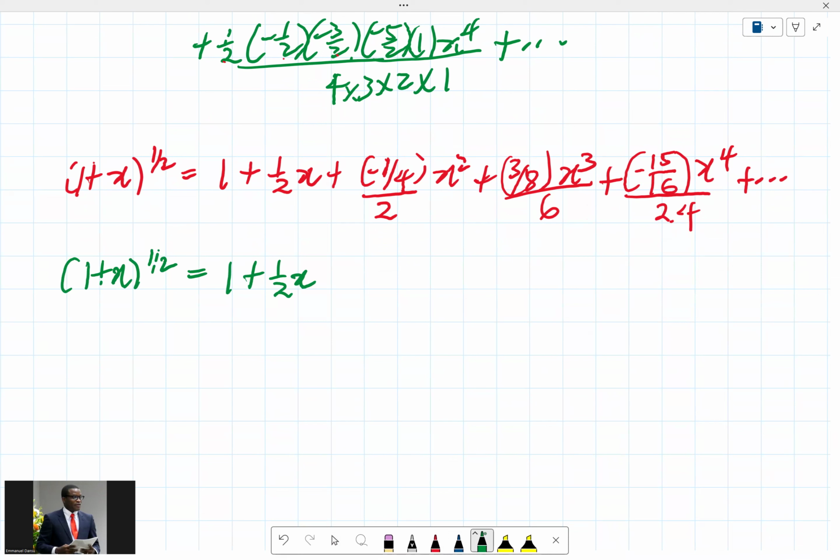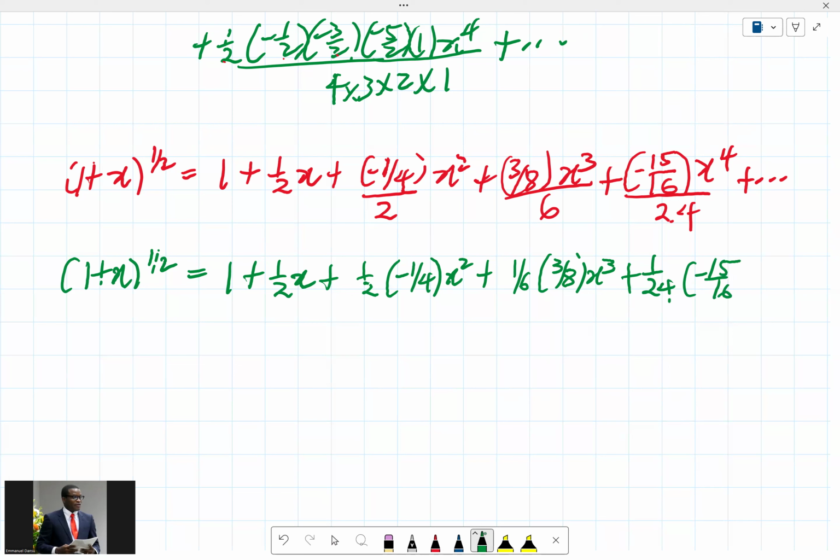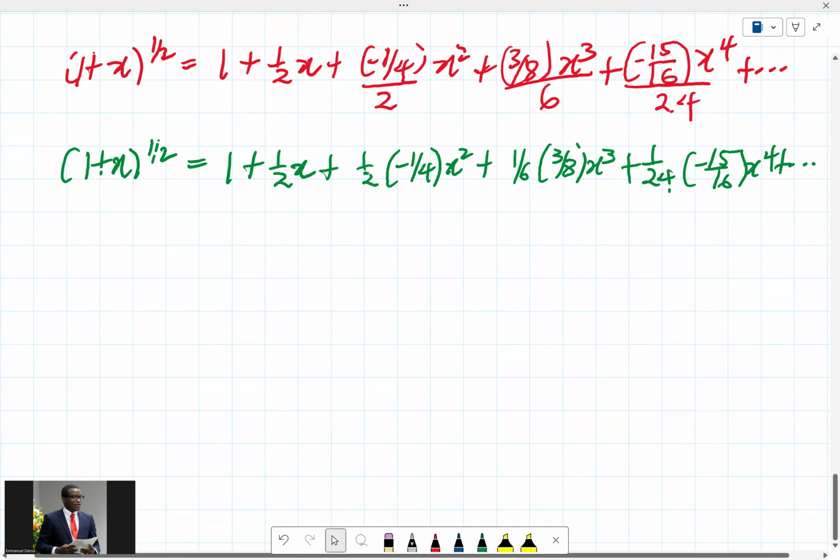And to make this make more sense, all this divided by half simply means you have half multiplied by minus 1 over 4 of the x squared plus, then this 6 is actually 1 over 6 into 3 over 8 x cubed, then plus this 1 over 24, so 1 over 24 into minus 15 over 16, x raised to power 4, and all of that goes on. So things are tidier now, so we can go further and simplify.